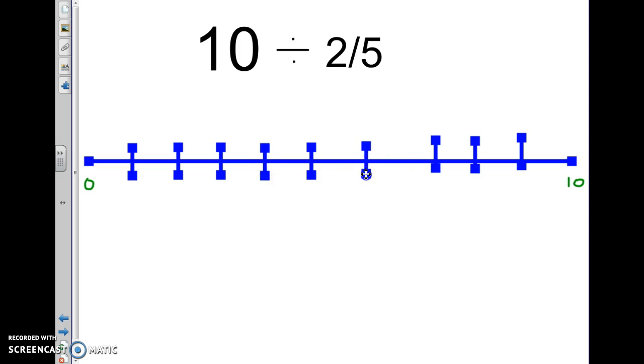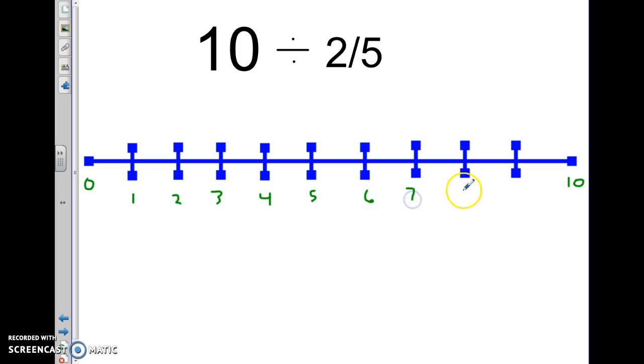Yours isn't going to be perfect. It might be more perfect than mine, but probably won't be because you're human, right? As long as we get the idea of what's happening here. So I'll just keep going here. So I have 0, and then 1, 2, 3, 4, 5, 6, 7, 8, 9, and 10, right?